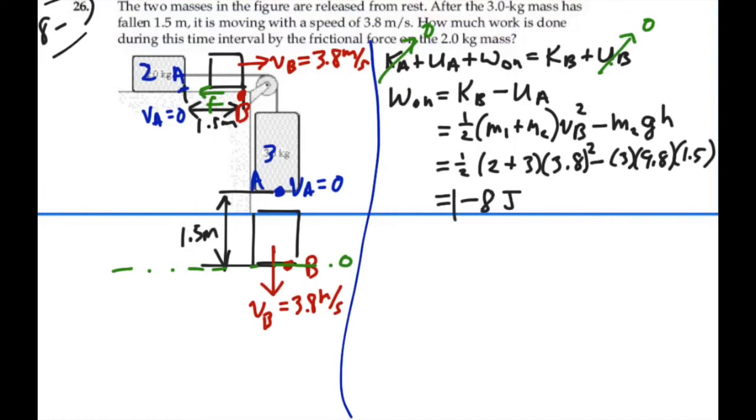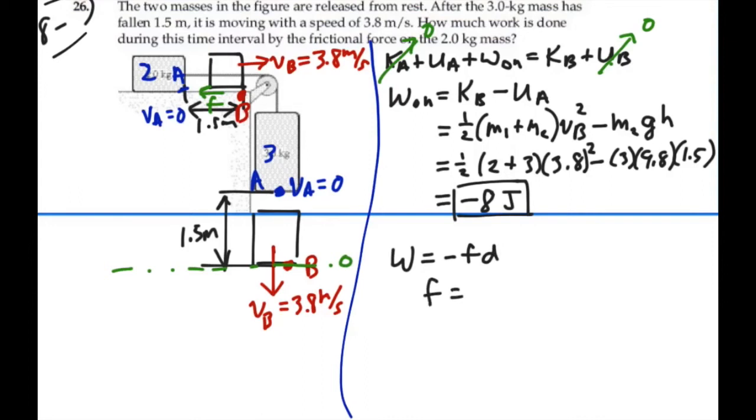So the work done by friction on the 2 kilogram mass, because that's where the friction is acting, is negative 8 joules. And we didn't have to figure out the frictional force. If we wanted to, we could say that this work is equal to negative frictional force times distance.